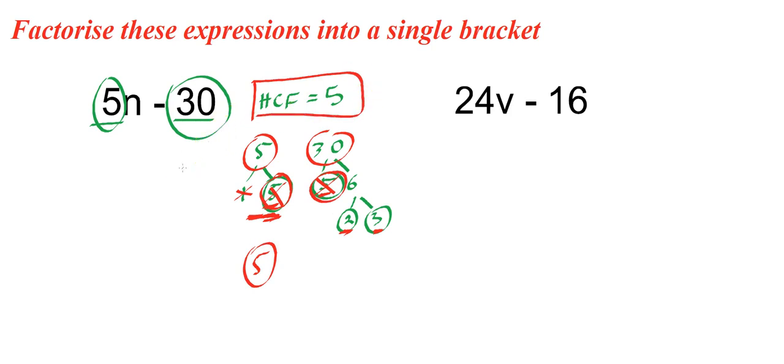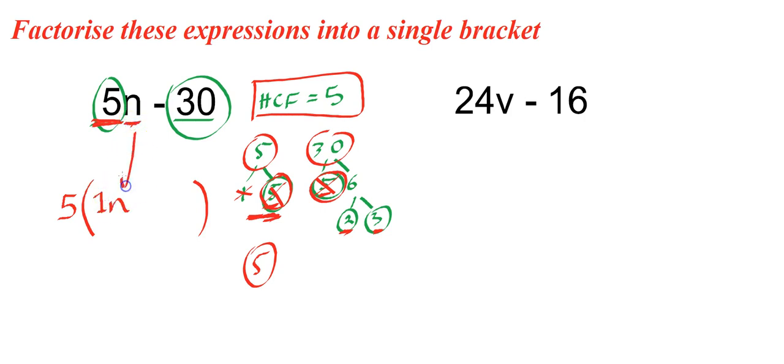So what do we do with that information? It's very simple. The highest common factor goes outside of the brackets. Then we ask how many times it goes into this term. The answer is 1, and then n.